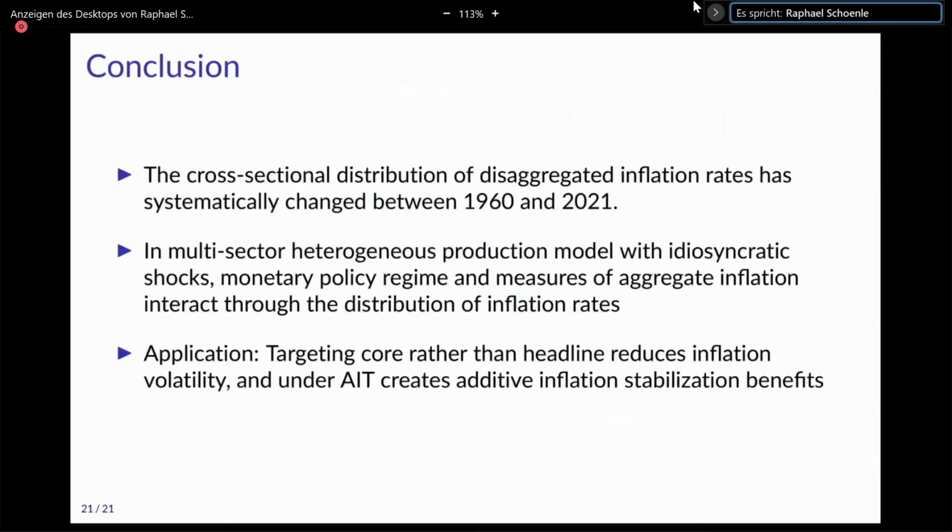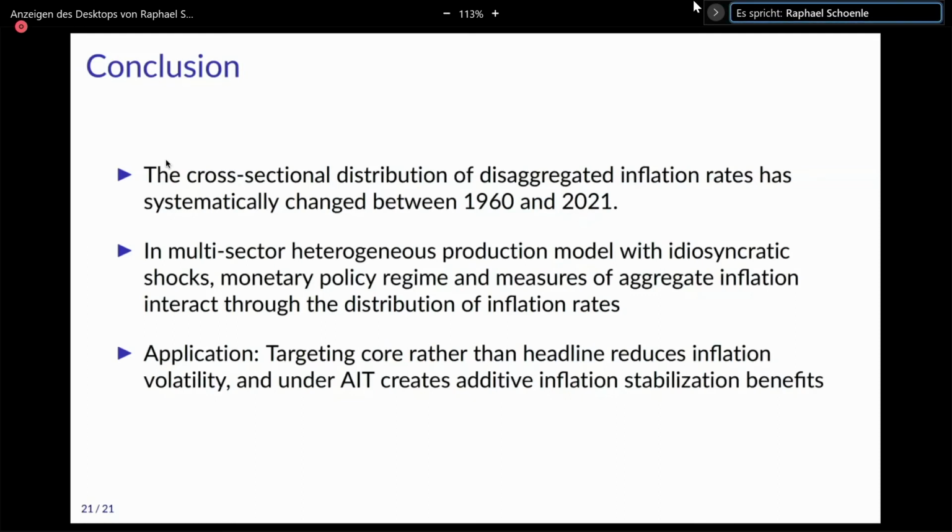So to conclude, we find that empirically the cross-sectional distribution of disaggregated inflation rates has systematically changed between 1960 and 2021. If we analyze the multi-sector heterogeneous production economy, which features idiosyncratic shocks, it turns out that the monetary policy regime and measures of aggregate inflation interact through the distribution of inflation rates.